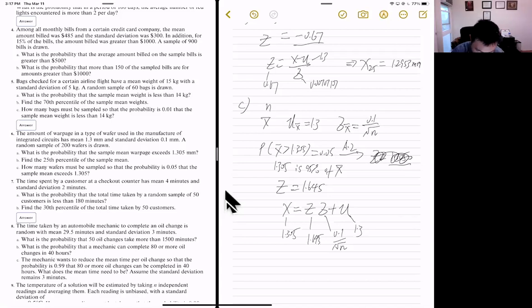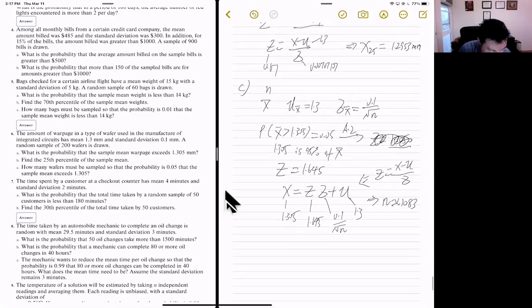So this equation is the same as the z-score, z is equal to x minus mu over sigma. Using this equation, the only unknown is the sample size n. From here, n we can calculate is around 1083.